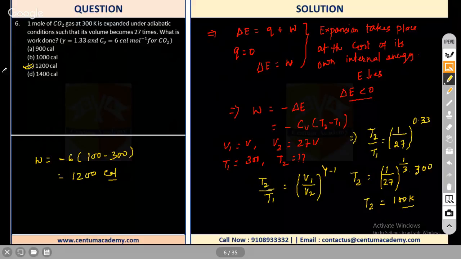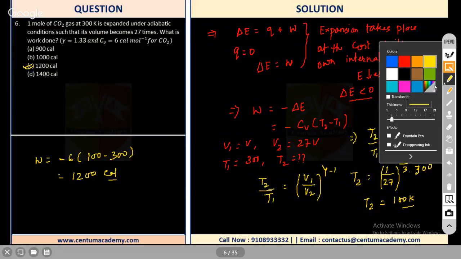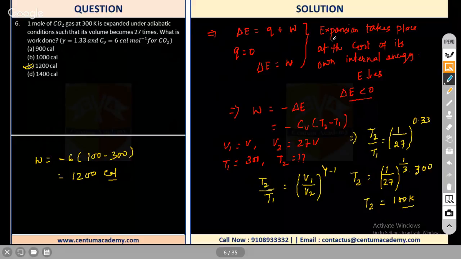Understood? So one point we can keep in mind, which they may ask in a theoretical question, whenever you have an adiabatic process and expansion. One thing you can observe from this question, and this kind of observation is actually required: in an adiabatic expansion, T1 is 300 and T2 we are getting is 100 Kelvin.